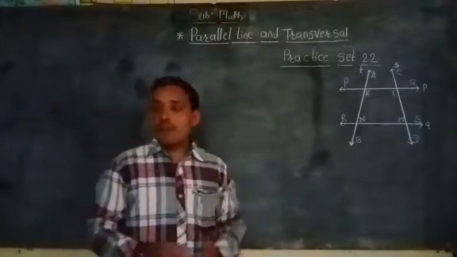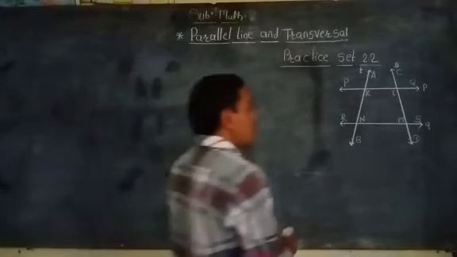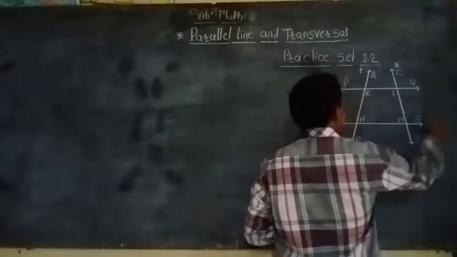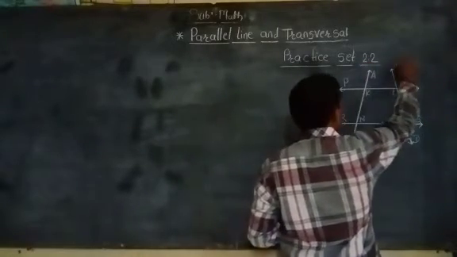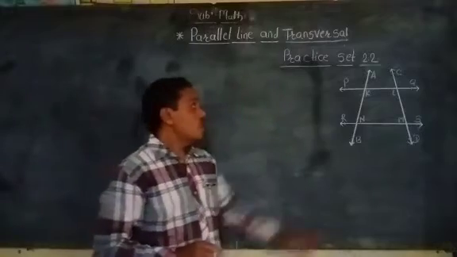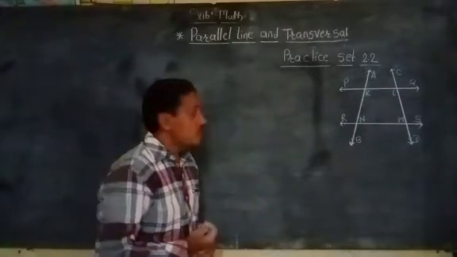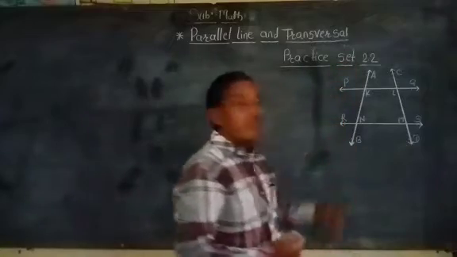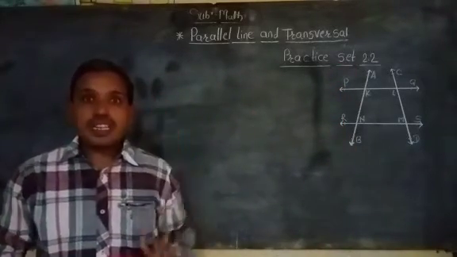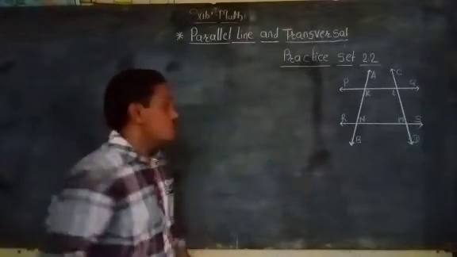So you can easily forget about the names of the lines given in your textbook. Just focus only on line PQ and line RS as the parallel lines, and line AB as their transversal. We keep only one transversal in mind when we find the solution.